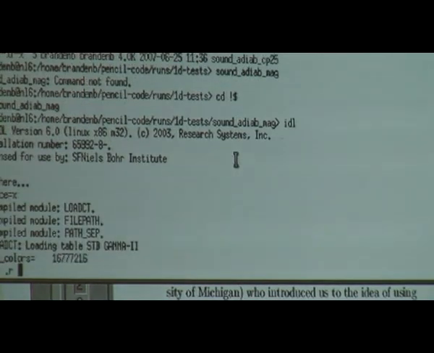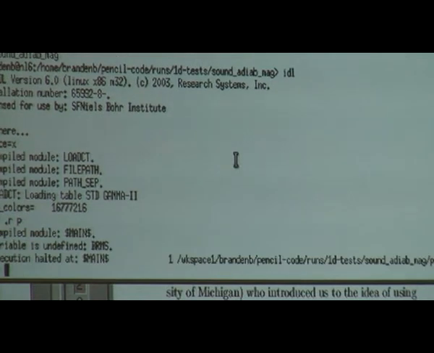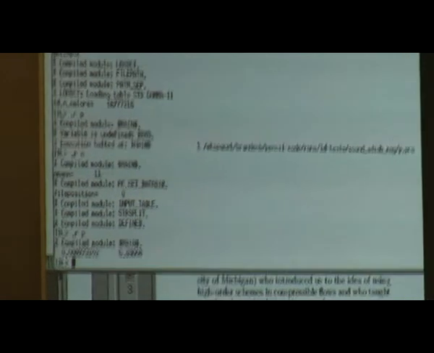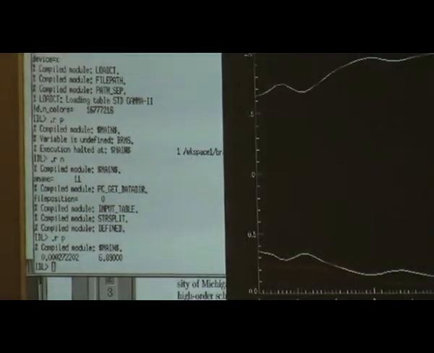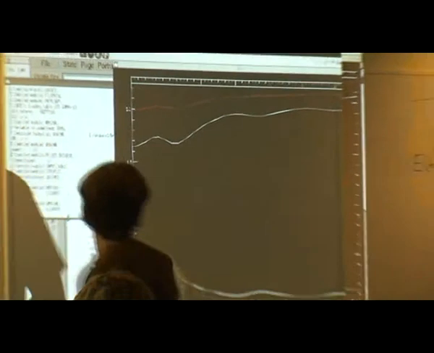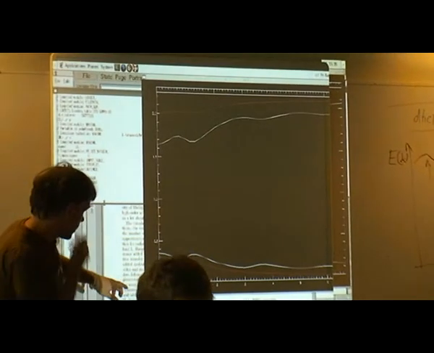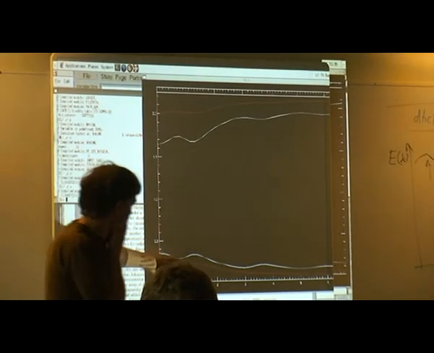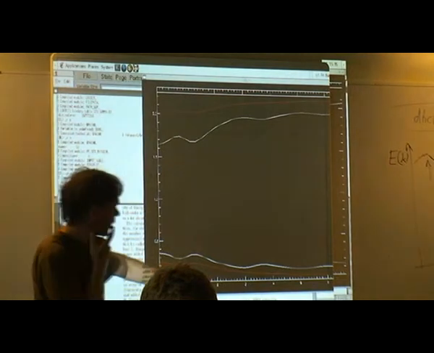Okay, so what do you see in this plot? You see that the kinetic energy decays and the magnetic energy decays.